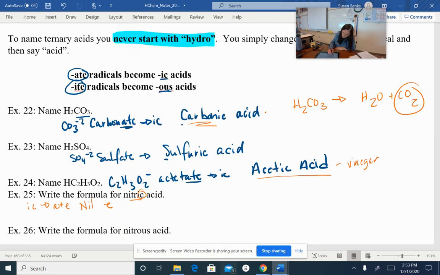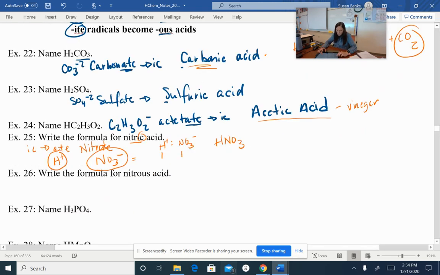If that's a -1 and we're going to have hydrogens acting as positive ones, what is the ratio that we need to get this sum to 0? Remember, we still have to have the sums equal 0. If you said 1 hydrogen and 1 nitrate, you are right. The hydrogens always come first, just like when we do the ionic compounds, the positives always come first. So 1 hydrogen and 1 nitrate will be nitric acid.